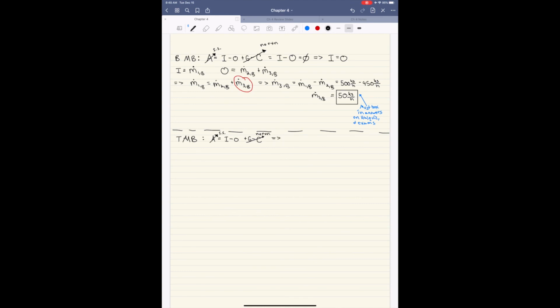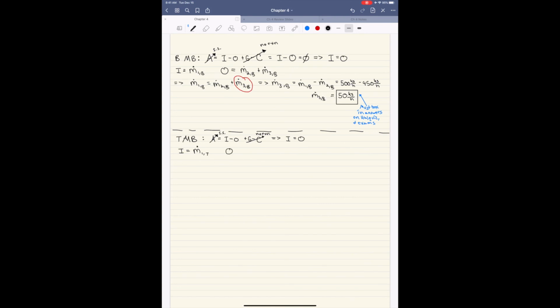And we do have toluene crossing our system boundaries. It's both going into and out of our system. And so the input and output streams are not going to be 0. And so what we're left with, once again, is that the input of toluene is going to be equal to the output of toluene in our system. For the input term, it's just going to be equal to the amount of toluene in the feed stream.